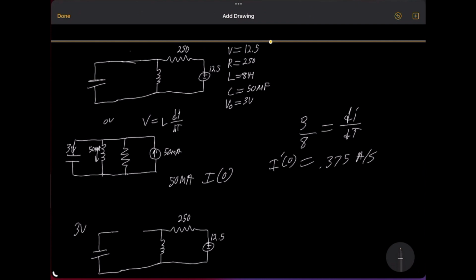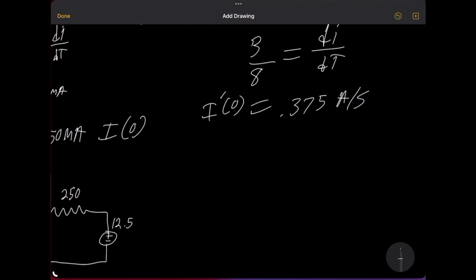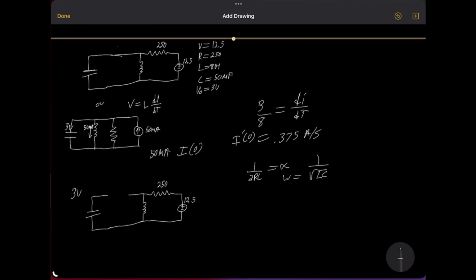So we know alpha is 1 over 2RC. Omega naught is going to be 1 over root LC. We need to just plug and chug our values in. 2 times R, 250, times capacitance, 50 times 10 raised to the negative 6. This is going to be 40.